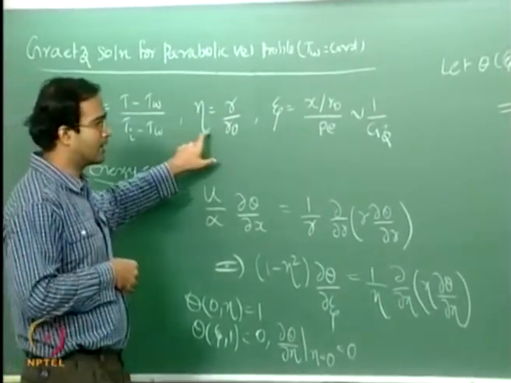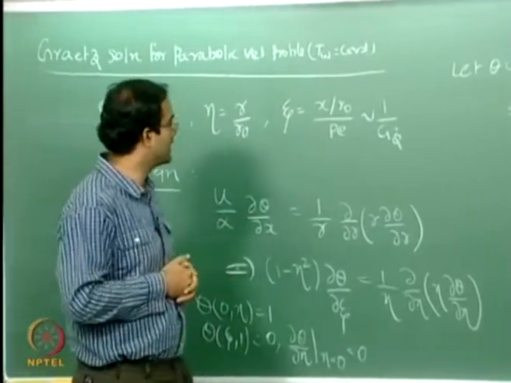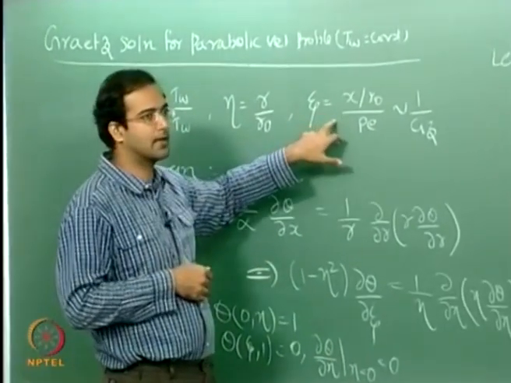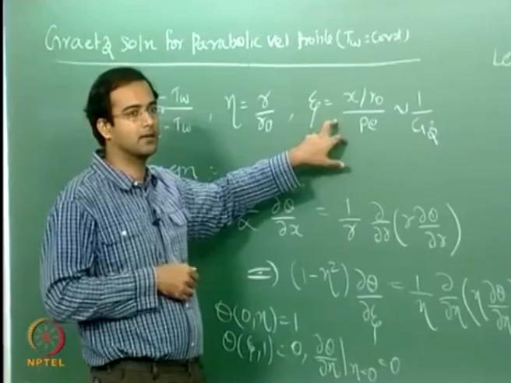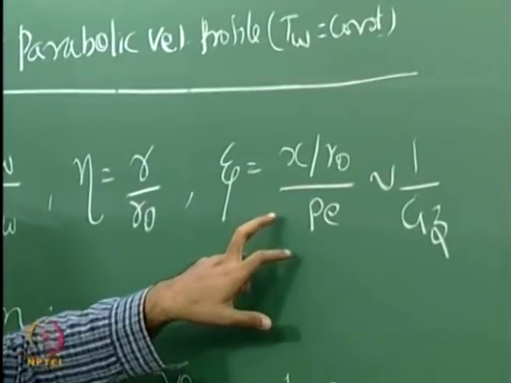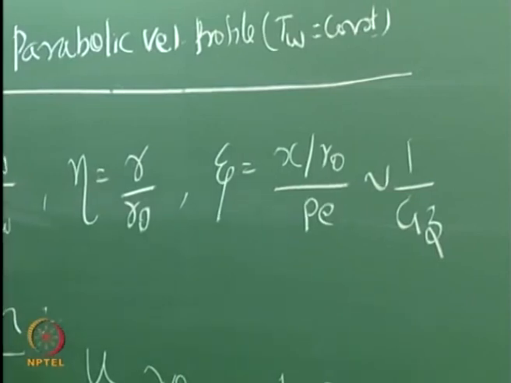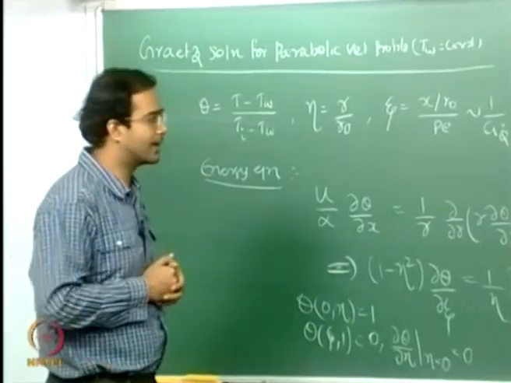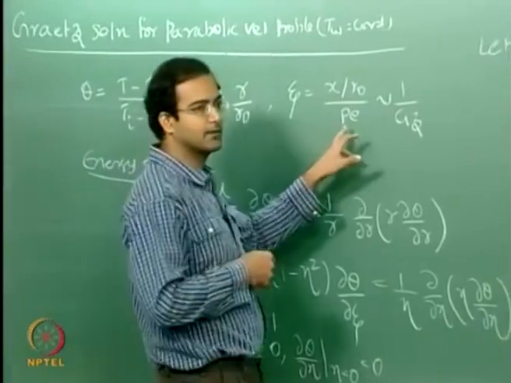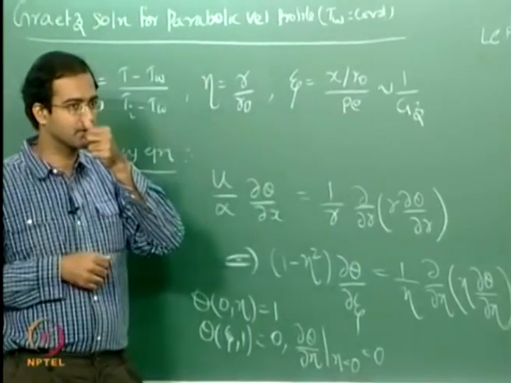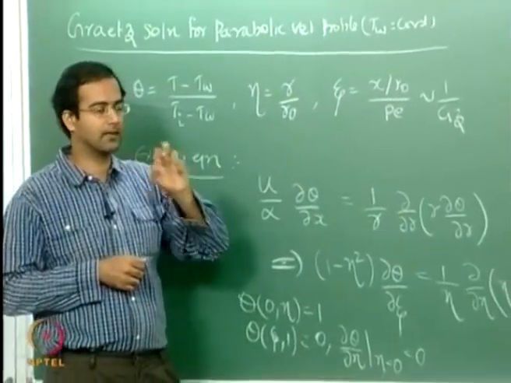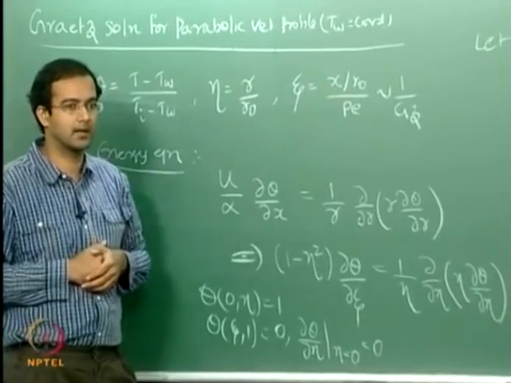And this is the non-dimensional radial coordinate, and your non-dimensional axial coordinate can be non-dimensionalized in this manner, which is somewhat similar to an inverse of the Graetz number. Your 1 by Graetz number is actually x by d by Peclet number. Now we are not using x by d here but x by r naught.